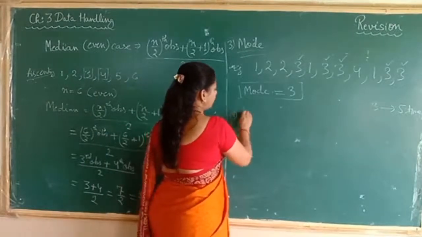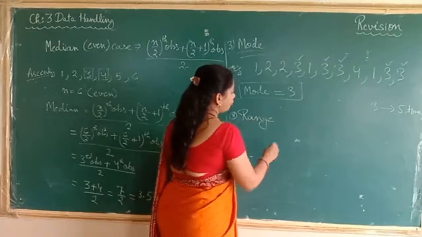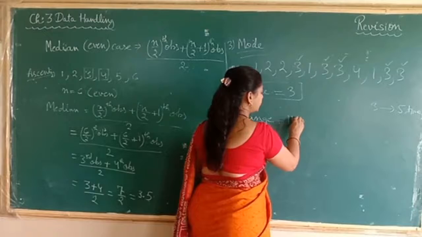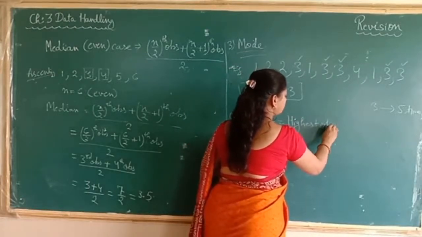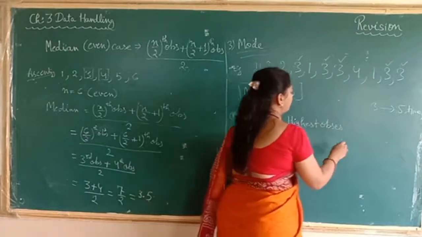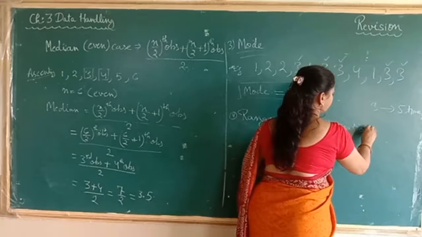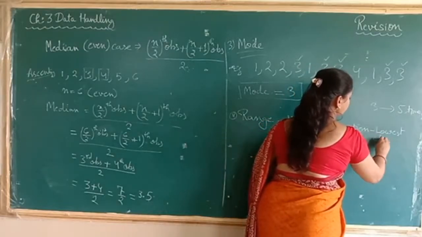Now know about range also. The formula for finding range is highest observation minus lowest observation.